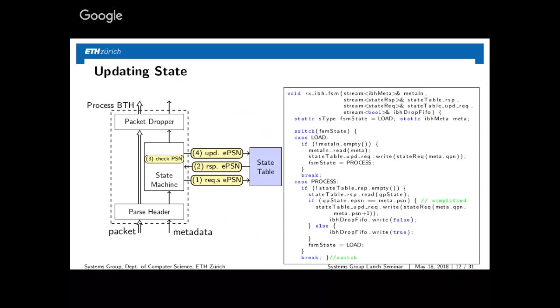Once we have it, we compare what we expect with what was in the packet. In case this matches, we update it, usually just incrementing the sequence number, and we tell the dropper module to not drop the data; otherwise it will drop the data. So this is very simplified. That's more or less how this is done in hardware, and this ping pong, the request and response, takes around 2 to 3 cycles, and then the update another 1 or 2 cycles.